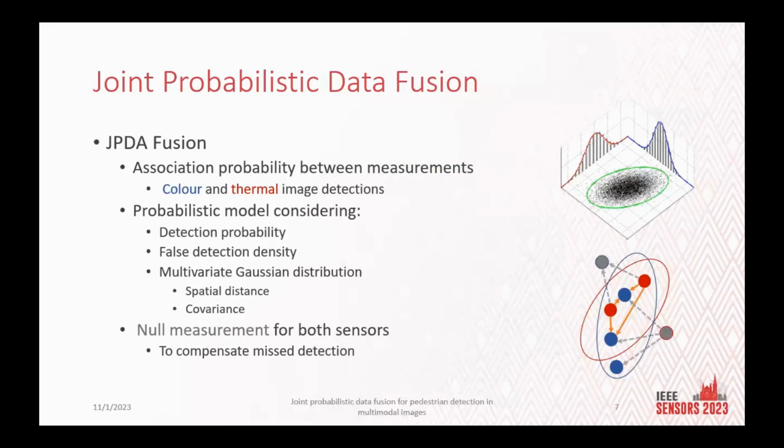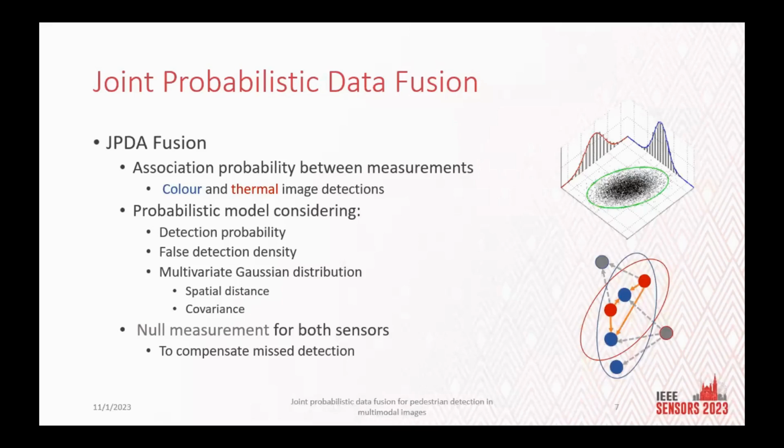One distribution comes from thermal image detections and another comes from color image detections. We also consider the same things, like detection probability and false detection density, but the distance is computed using a multivariate Gaussian distribution and their covariances. In the same way, we also use null measurements to compensate for the null detection.